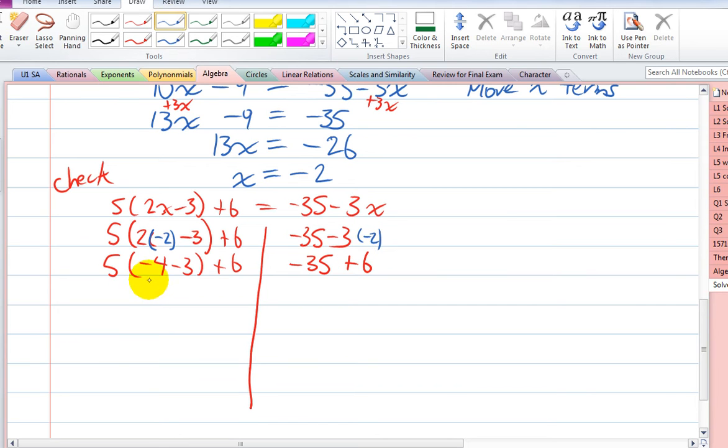So now following proper BEDMAS, you would put those together and you get 5 times negative 7. So I'm looking at my brackets first before I add or subtract. And this would be negative 29.